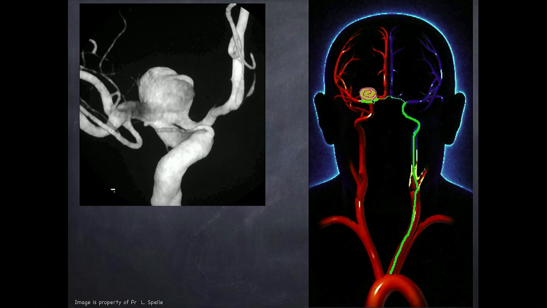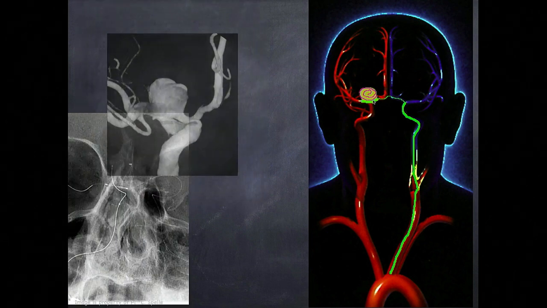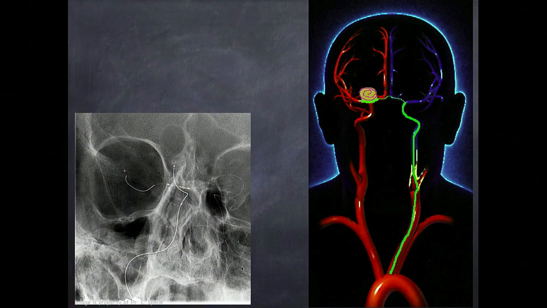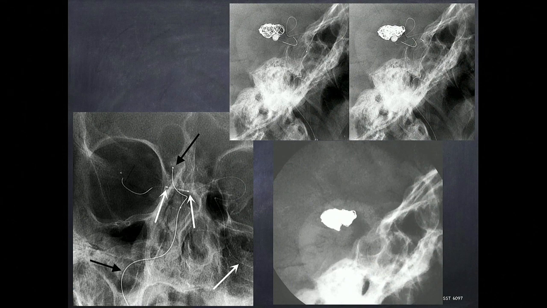You see here the balloon which is coming through the ACOM. And from the same ICA, you have the microcatheter which will be used for coiling. And you see that on the lateral view, you inflate the balloon and the coils are going all around the balloon.